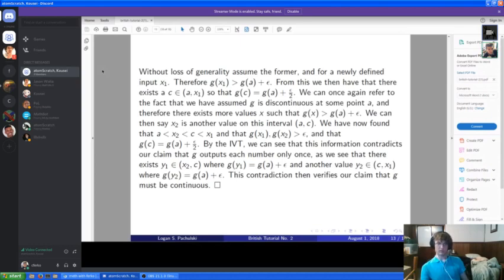So just to be a little more specific, what is the intermediate value theorem being used to get in that sentence? In this sentence, we are using the intermediate value theorem to show the statements y sub 1 is in the open interval x sub 2 c, and similarly y sub 2 is in the open interval c x1.